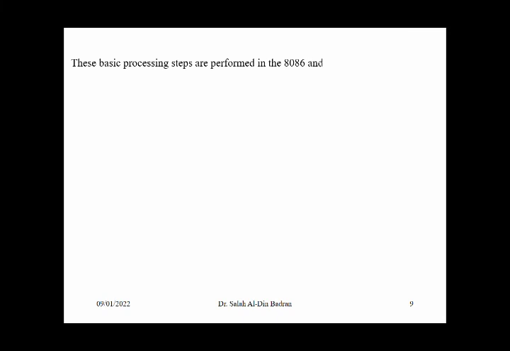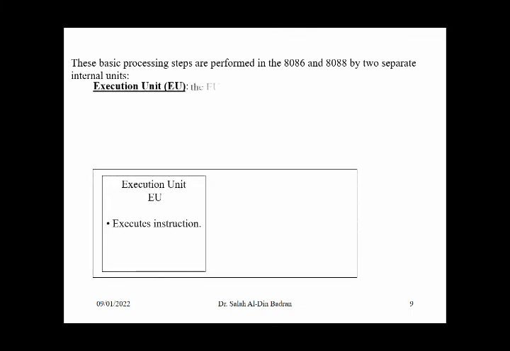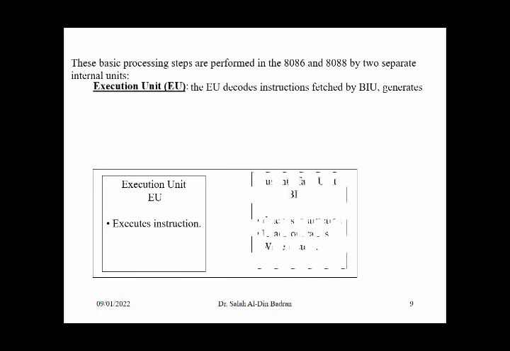The basic processing steps are performed in the 8086 and 8088 by two separate internal units. The first unit is the execution unit, EU. The execution unit decodes instructions fetched by the BIU.